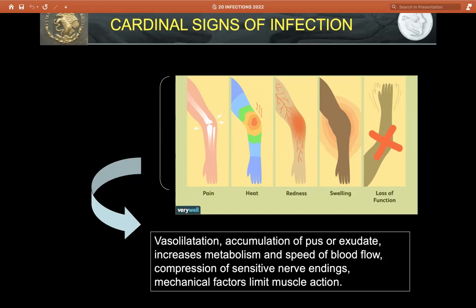We have swelling, which makes a compression, and that compression will make the sensitive endings of the nerves acute. That's the reason we'll have pain, and that's the other reason we'll have limited function, because usually the muscles get inflamed and are not allowed to move as normally as they should.